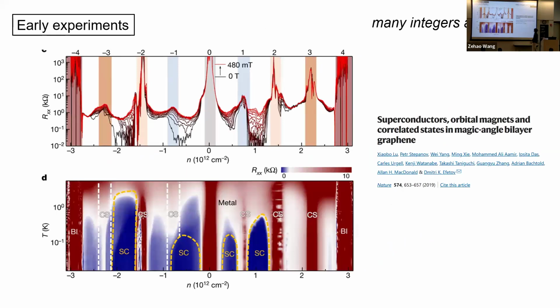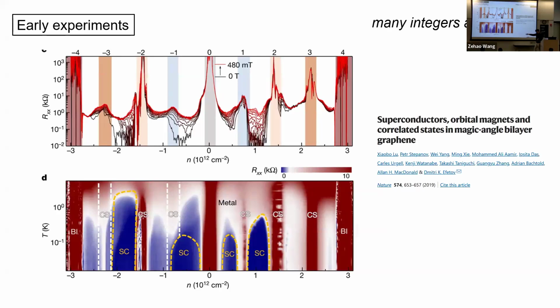This particular sample by Dmitri Efetov was quite interesting because, if you look at this bottom plot, there seems to be a lot going on. Basically what we learned from this sample is that, in principle, there could be many correlated insulators at pretty much almost all fillings with many different superconducting domes.